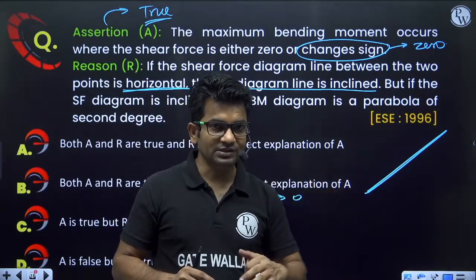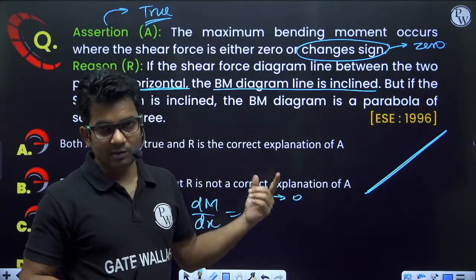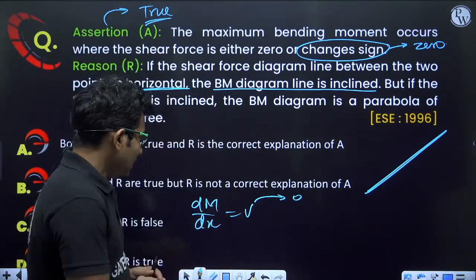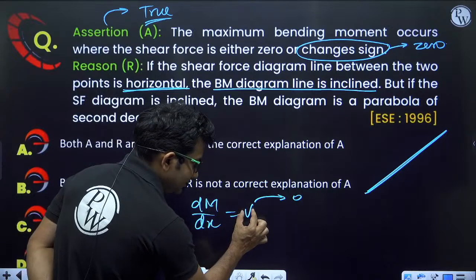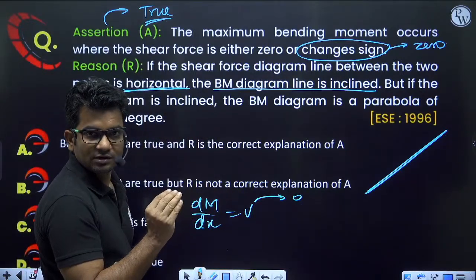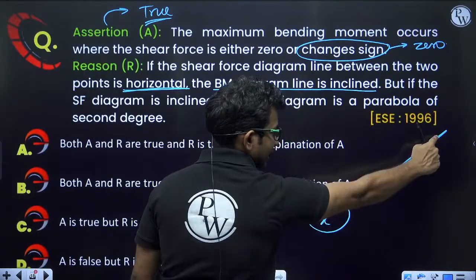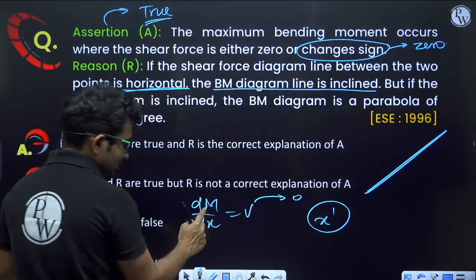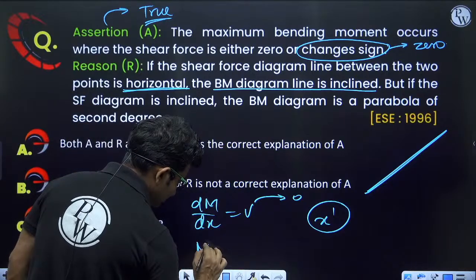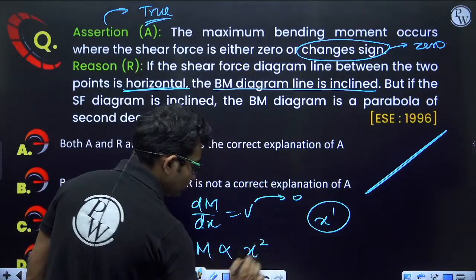Okay, that means the bending moment will be parabolic. So if shear force is varying with x to the power 1, that means bending moment M will be varying with x to the power 2.